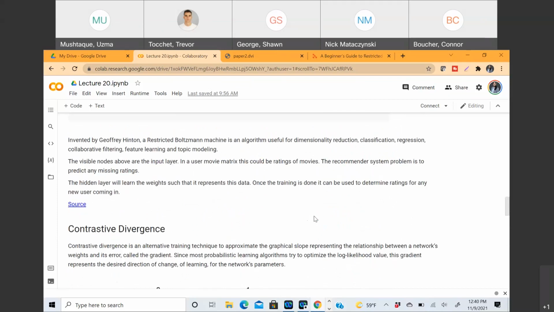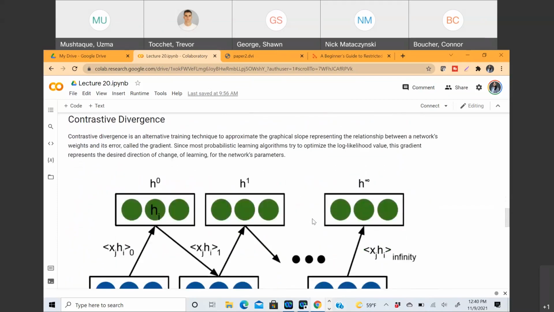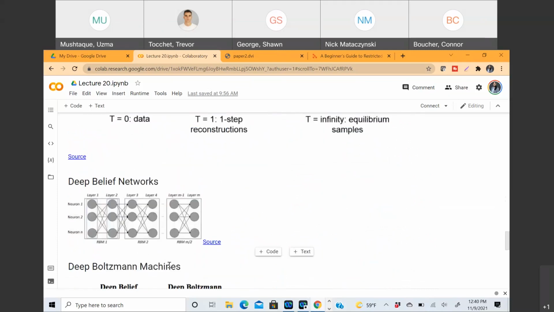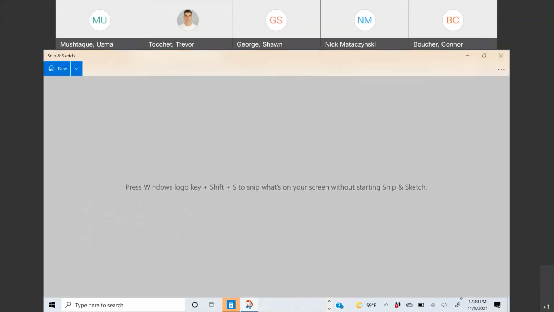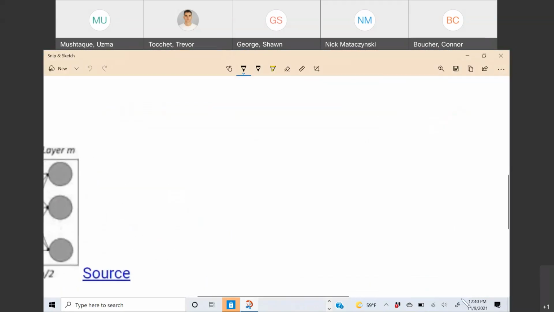So again, to give you an intuition of what's going on, we have this equation, and I'm going to write it down. Again, I've taken it from the paper itself. Initially, I said that if you remember the Boltzmann distribution equation, the energy part is in some ways related to my weights, right?